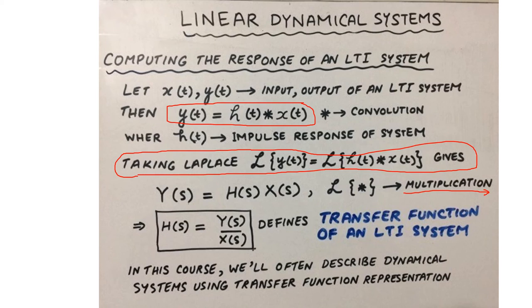Therefore, if y of s denote the Laplace transformation of y of t, h of s represents the Laplace transformation of the impulse response, and x of s represents the Laplace of the input x of t, then h of s is simply y of s divided by x of s. This gives us the transfer function representation of an LTI system.